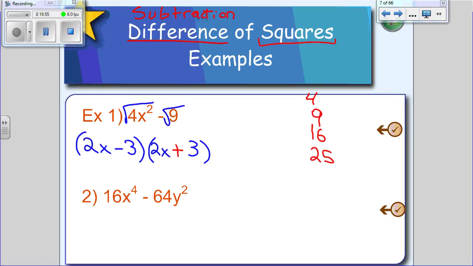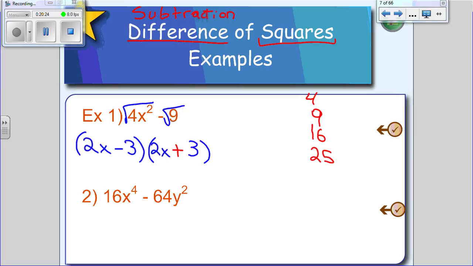And remember how we said when you multiply by conjugates, meaning the exact same thing but with one opposite symbol, that it always canceled out those middle terms and left you with the first things and last things together? That's exactly what we've done here. This is just going backwards and creating that conjugate situation. So you need these terms to be the same so that you create that 4x squared. It's just that middle symbol that changes. And that's what deletes out those middle terms that we did last week.